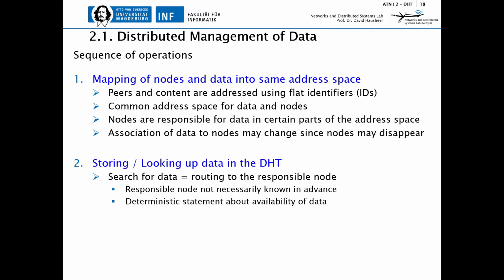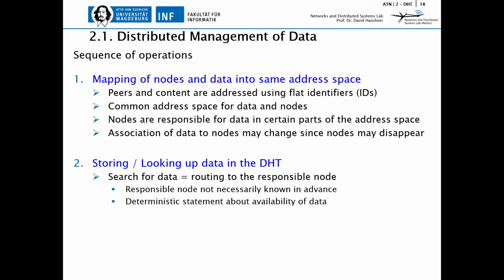Now, there is a sequence of operations necessary for this to be implemented. First of all, as mentioned earlier, the nodes and the data items need to be mapped into the same address space. So to achieve this, peers and content items are being addressed using flat identifiers. And there's a common address space determined that is valid both for the data items as well as for the nodes in the network.